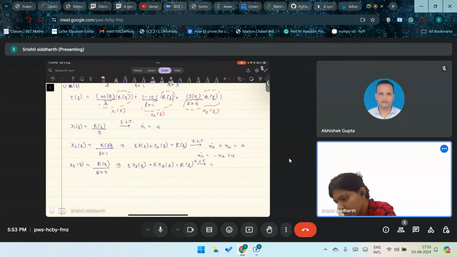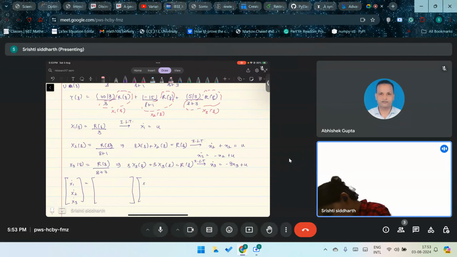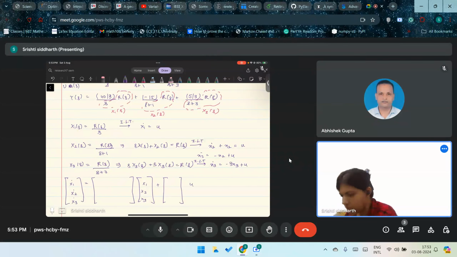This gives us x3 dot equals minus 3 x3 plus u. So now we have x1 dot, x2 dot, x3 dot. We have the relation between x1, x2, x3 and u. So let's write this down.